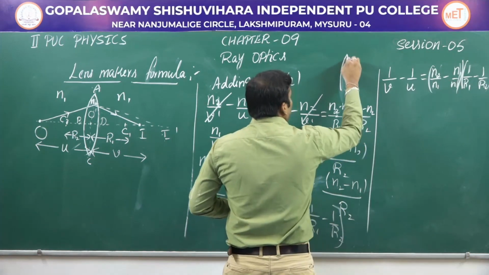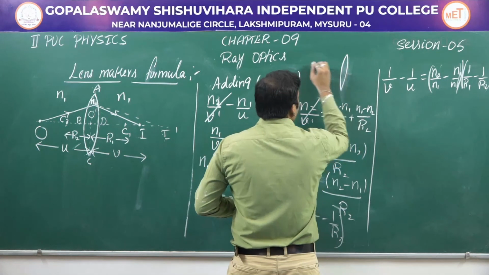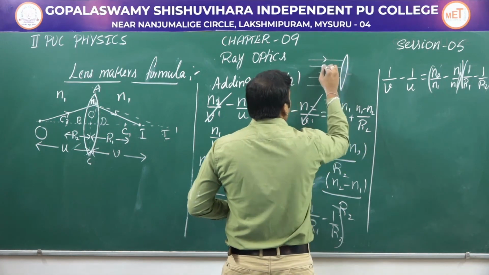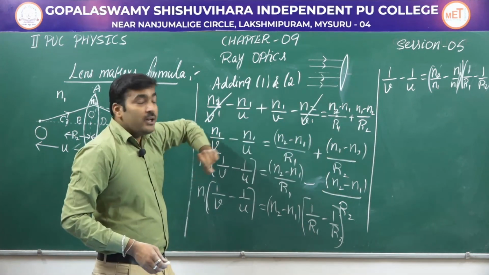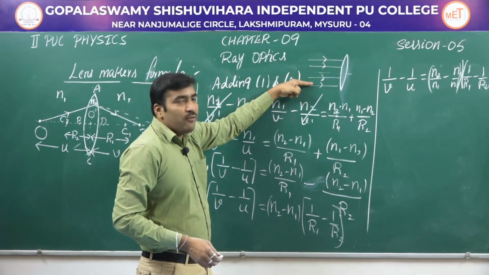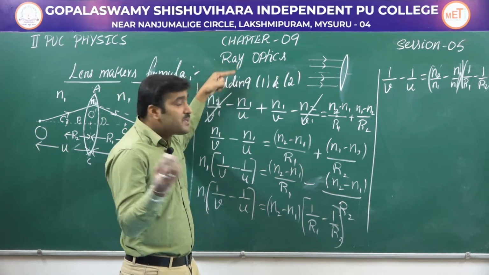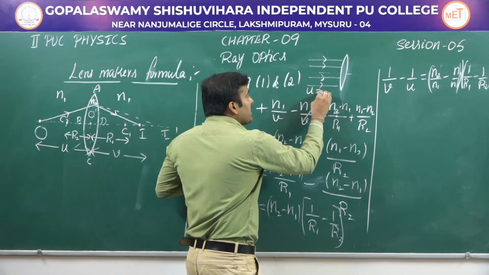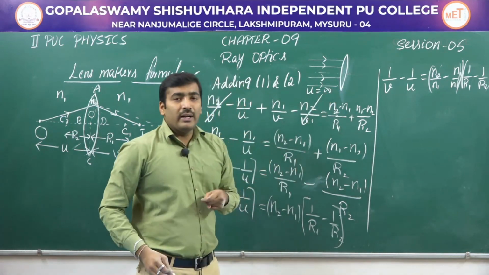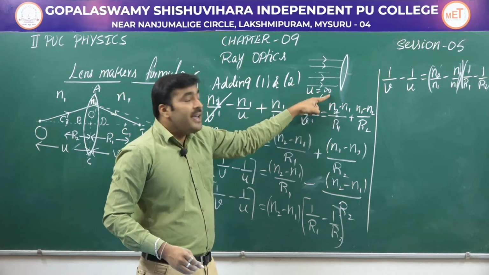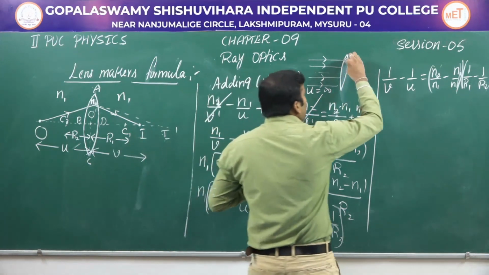Now, for a convex lens, if the object is at infinity, the image is formed at the focus. I already explained that when a parallel beam of light comes, the object is at infinity, which means object distance is equal to infinity. Therefore, for an object at infinity, the image is formed at the focus, correct?